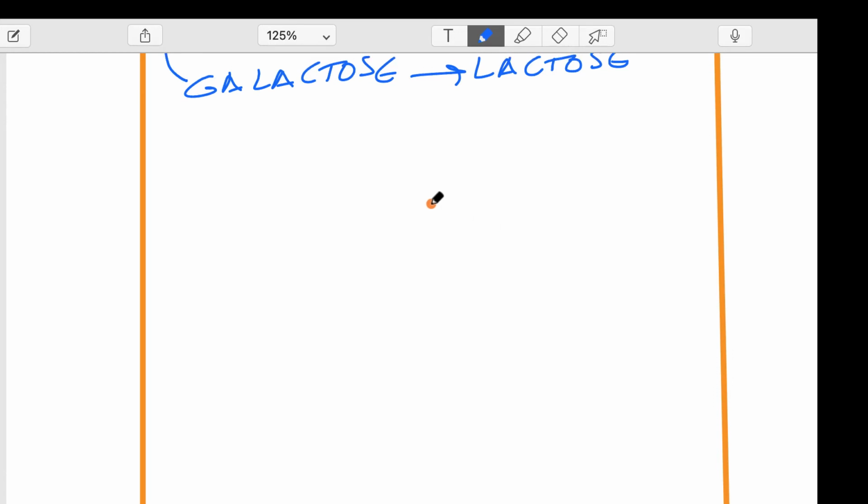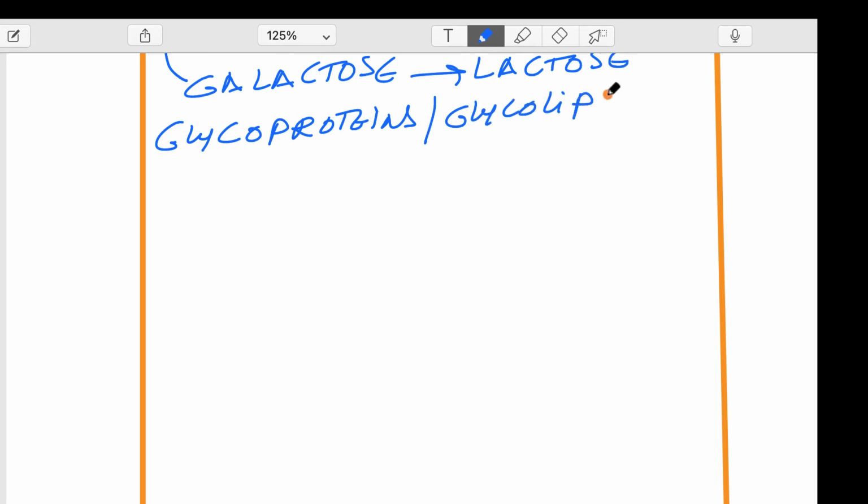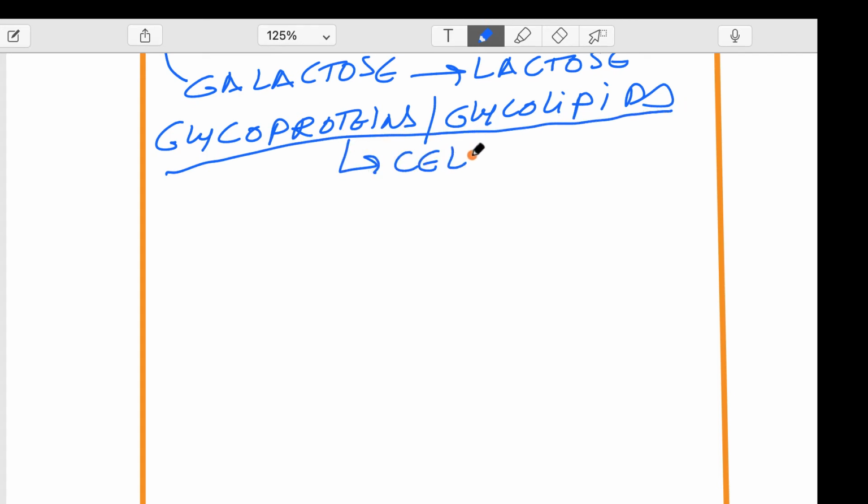Then also carbohydrates in the form of glycoproteins or glycolipids are important constituents of the cell membrane. These glycolipids and glycoproteins maintain the cell membrane structure.